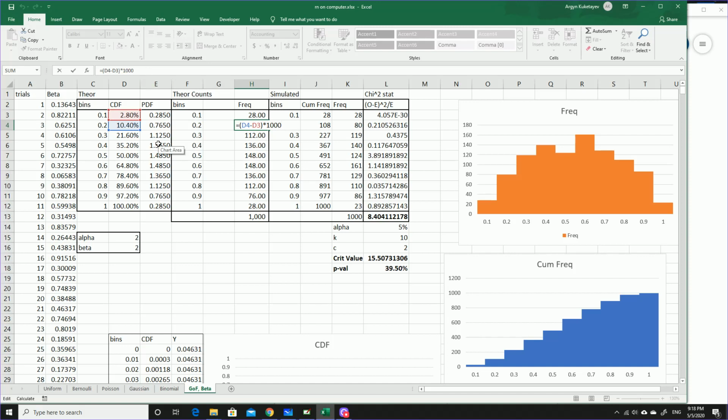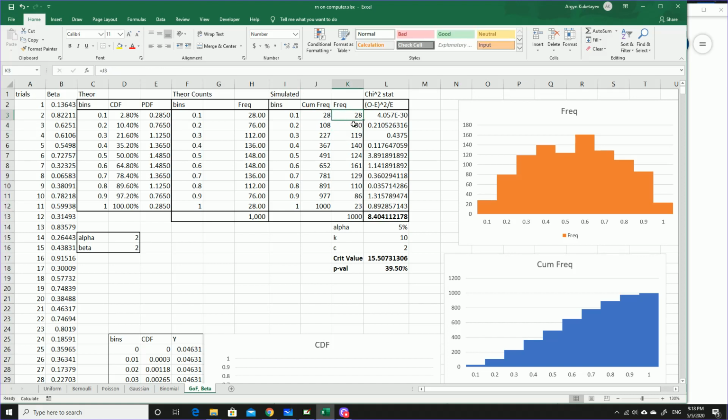So once I've done that, this gives me, in cell H4, the expected number of observations in the second bin, the bin which spans 0.1 through 0.2. So you see I have 28, 76, 112, and so on, right? And these are the numbers which I'm going to subtract from observed ones, right?